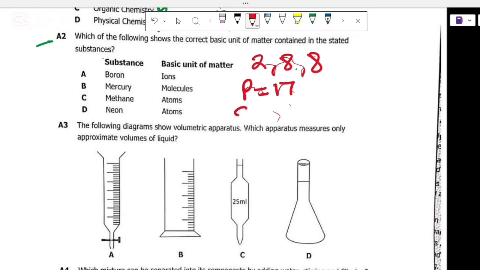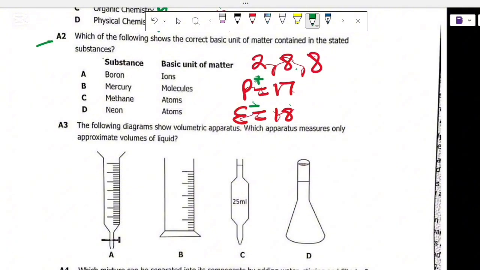But because it has accepted one electron, the number of electrons has changed from 17 to 18 because you have one more. So you're going to have 18 electrons. Again, remember that these are negatively charged, these are positively charged. Initially this chlorine atom was electrically neutral because the number of protons was 17 and the number of electrons was 17, so they were able to cancel each other.